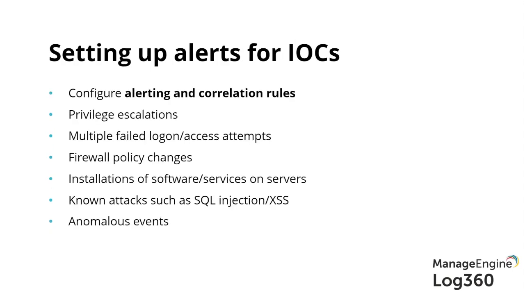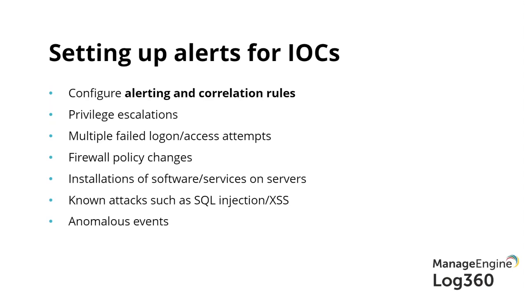Now, you also need to set up alerts for certain kinds of events called indicators of compromise, or IoCs. IoCs are essentially events that could potentially signify that a security incident is underway in your network, right? So you need to configure alerting rules and correlation rules to track certain kinds of what I'd like to call misuse or bad events, right?